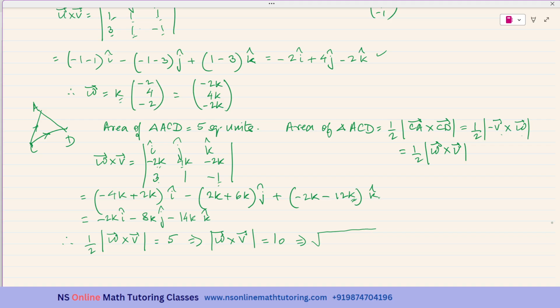It is minus 2k whole square plus minus 8k whole square plus minus 14k whole square. This is equal to 10.